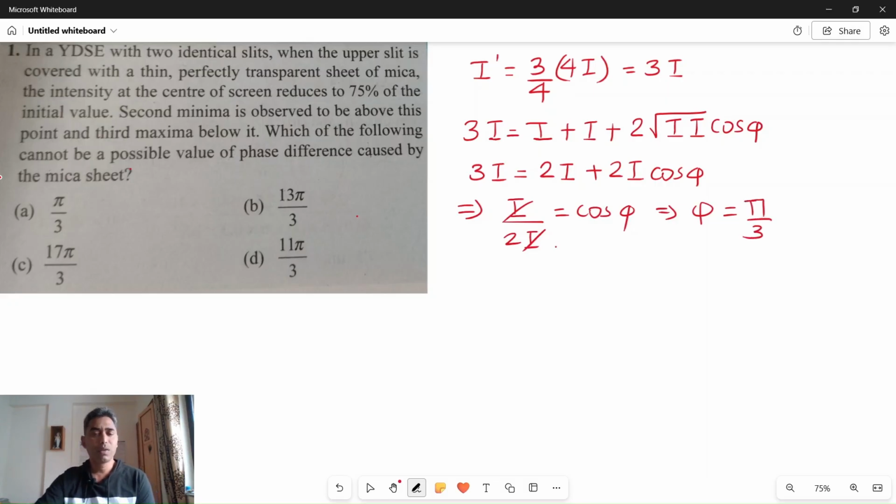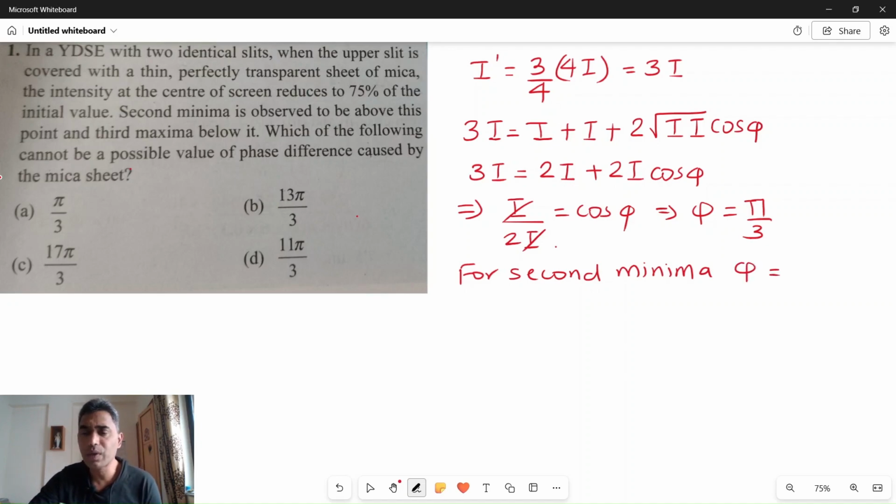Now if you look at the options, what is given? Second minima is observed to be above this point and third maxima is below this. What is this value actually? 60 degrees. Does it lie in between? For second minima, what should be the phase difference?